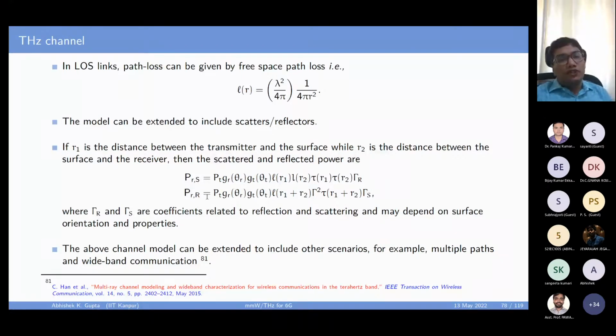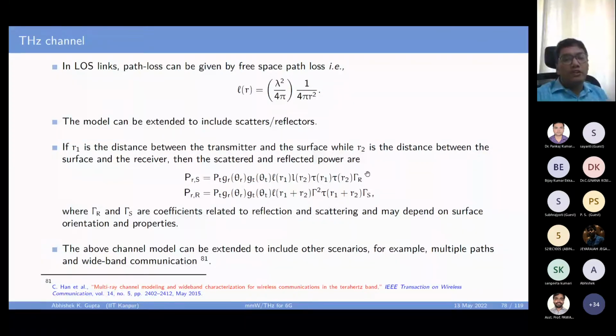Now if R1 is the distance between the transmitter and the surface, and R2 is the distance between the scatterer and the receiver, the scattered and reflected power are given by this. The rest is the same; the only difference is that you have gamma(R) here, the absorption coefficient, for these two links. Similarly, for reflected power, because of the reflection in the specular direction, you have a path loss in the R1 plus R2 direction, and again attenuation in R1 plus R2.